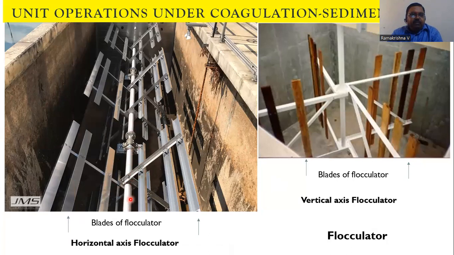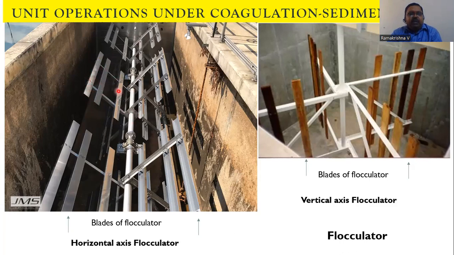This is a shaft where you are seeing three different setups attached to the central pipe. Each of these we call a flocculator setup. You can see narrow blades here. This is the width of the blade and this is the length of the blade, so this is the area of one blade.